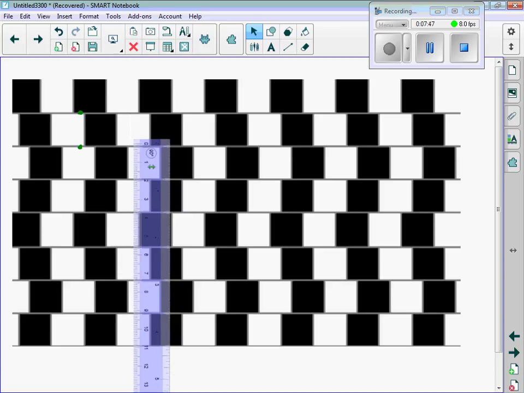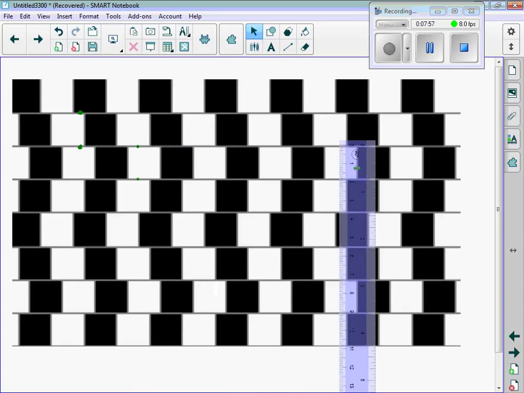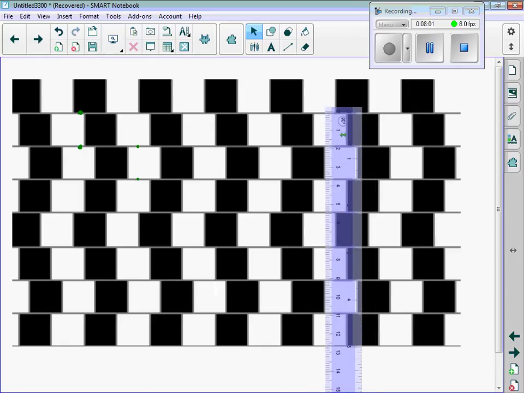I'm going to go down. I'm going to line up the 0 now along this line and this line. And again, we're at the exact same distance separating those two lines. And if I come over here, again at the exact same distance, I can come check up here. Again, we are right at the same distance.